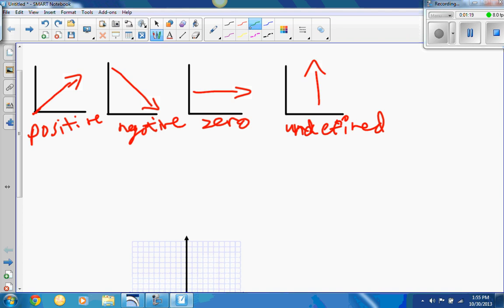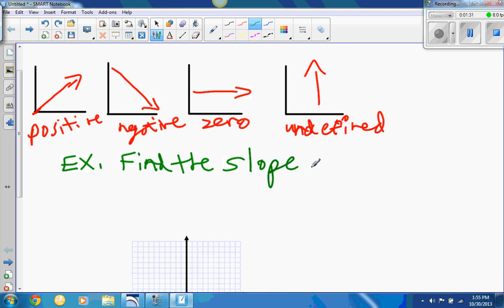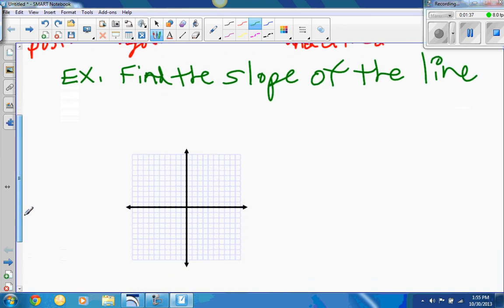So then, for my example, if I want to find the slope of the line, I'm going to put it on this graph down here so that hopefully it'll show up a little better.